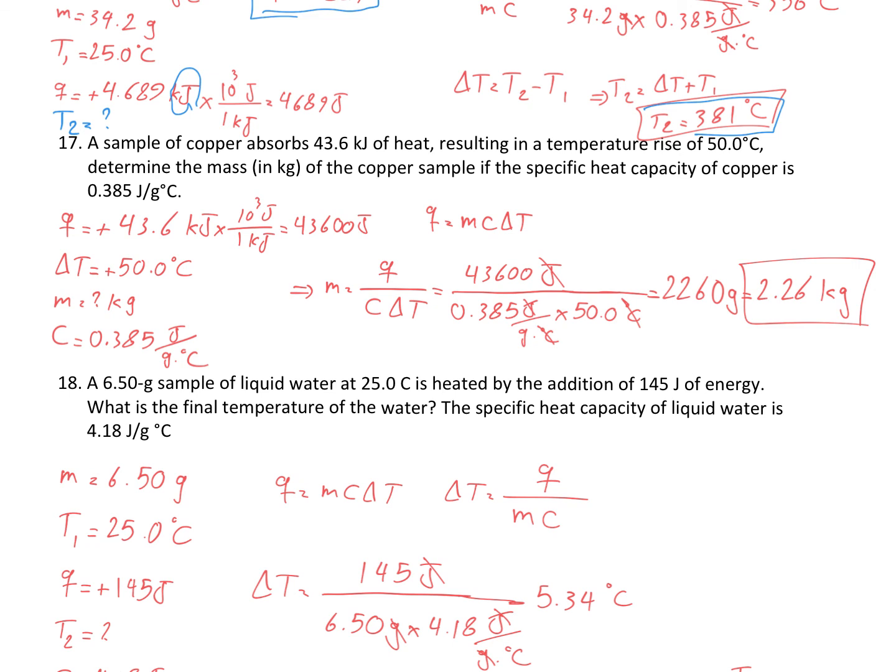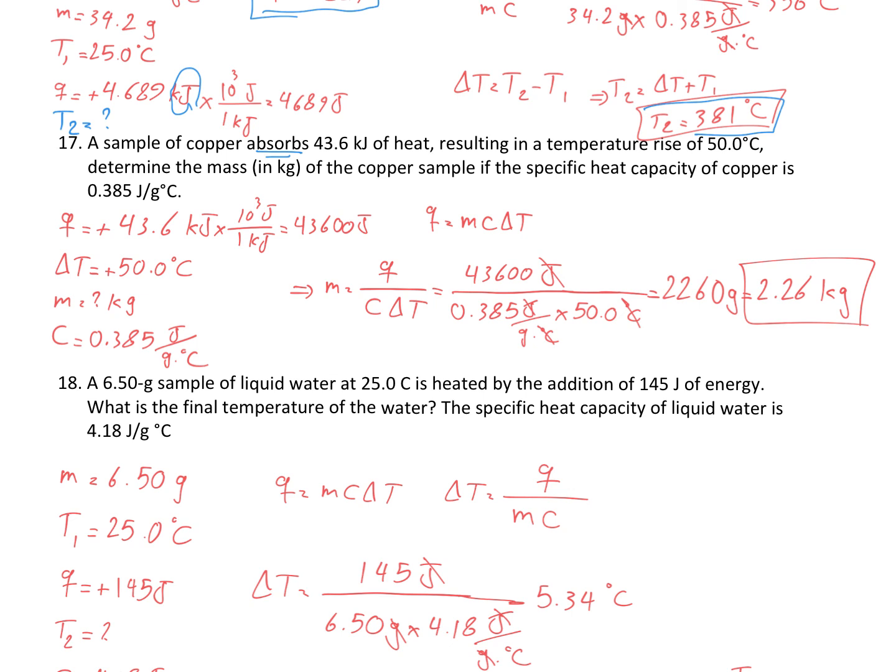The same thing on the next question. You have the Q, the sample absorbs this amount of energy. Be careful with that. It absorbs energy, so it's a positive Q. So Q is plus 43.6.